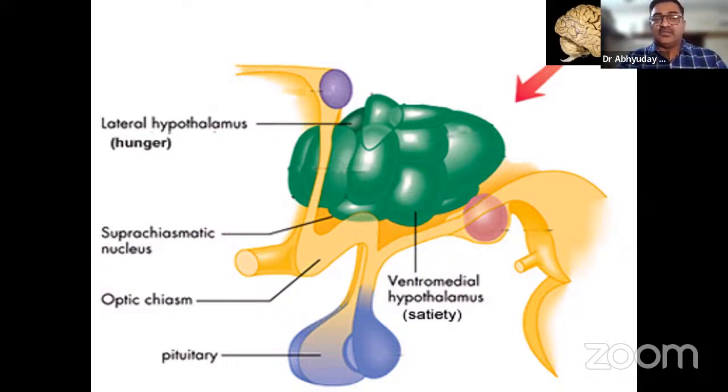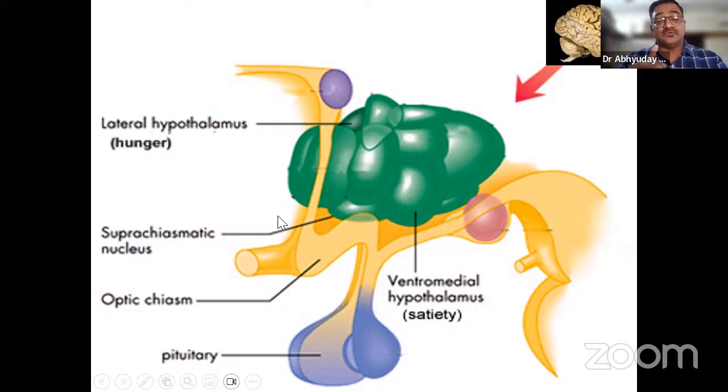And this balance is maintained by various neurotransmitters and various hormones which regulate this hunger and satiety. Damage by some syndromes or genetic causes or even a mechanical cause can disturb the balance between hunger and satiety, leading to weight problems in an individual.